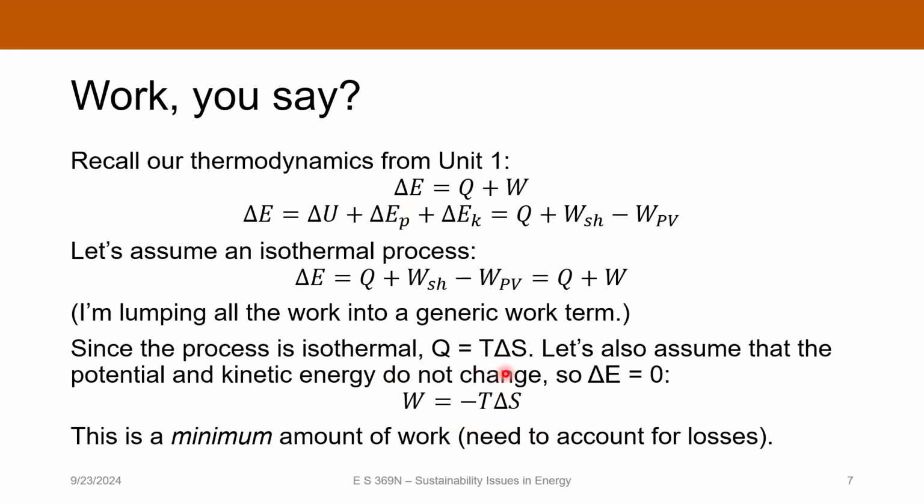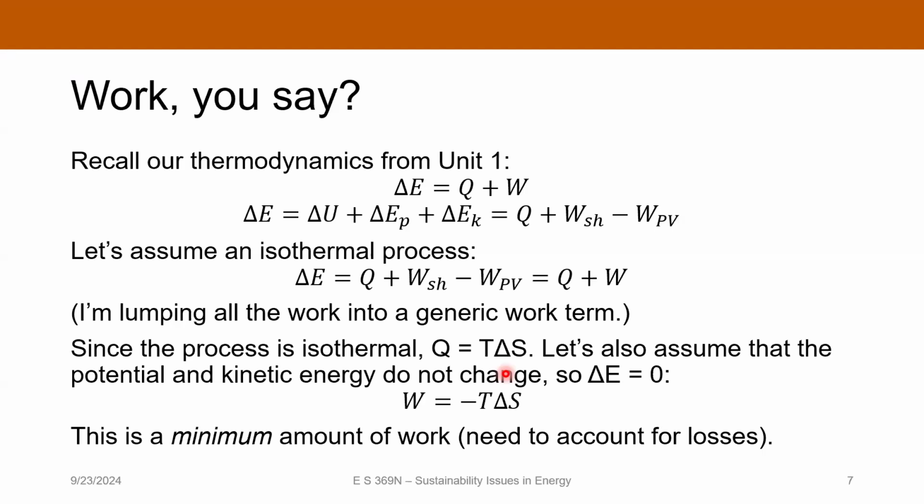So if we can define the change in entropy, then we can calculate the amount of work. Now, one little note I'll make here is that this is a minimum amount of work because we're not accounting for any inefficiencies in the system, heat loss, that sort of thing. Okay, so just remember that the number we get here is going to represent a minimum in an ideal case.